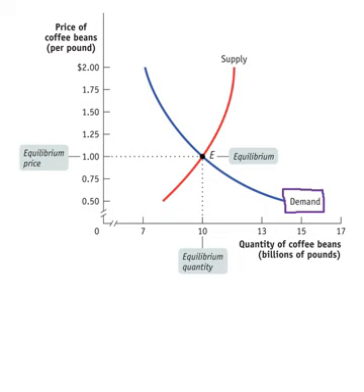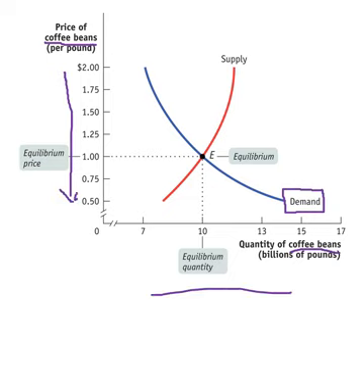And sometimes you'll know because the good would be written on top. So it could say coffee beans above the top. But this one tells us on the axes where it says price of coffee beans and quantity of coffee beans. So it goes ahead and tells us the good in that section. As long as the good is labeled somewhere, that's okay. So as the price of coffee beans goes down, the quantity goes up.